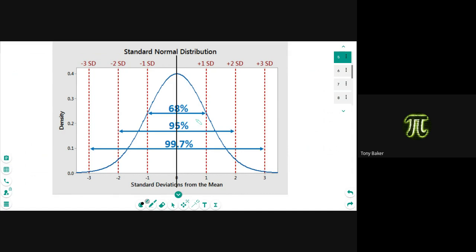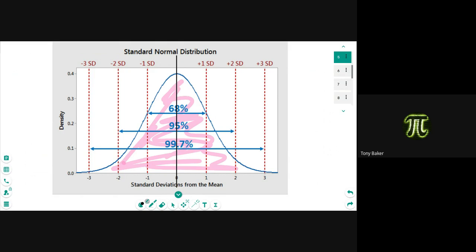If my mean is in the middle, one standard deviation away means there's a 68% chance that my answer is going to be somewhere in between there. If we go out to 2 standard deviations, there's a 95% chance that my answer is going to be somewhere in between those two values. Does that make sense? Okay.